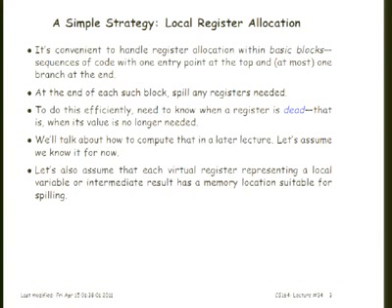Now, of course, when you're generating code, as in the preceding slides, it will occur to you that because we are generating fresh registers each time, you'll generally be able to tell immediately when a register dies. For example, if you fetch an identifier and then use it immediately in a binary operation, you know at that point, because of the way this naive code generator works, you no longer need it.